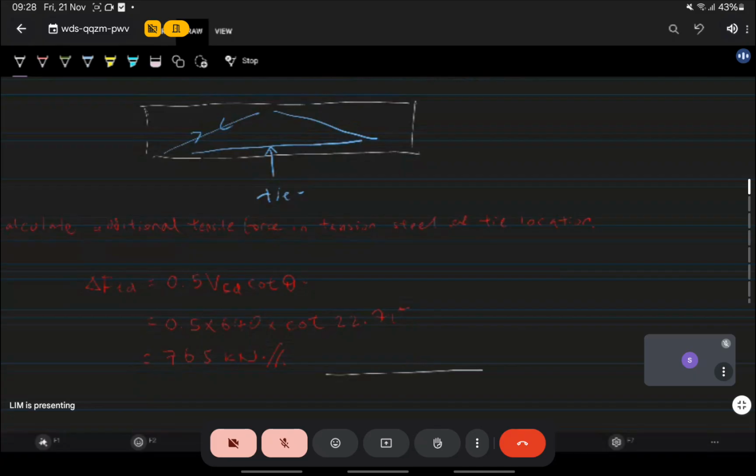Okay, so we are halfway there. So next week, we do span depth ratio quickly, and then no, let's do slab first. We do span depth ratio, then slab design, and then column design.